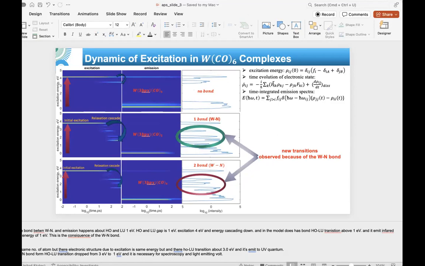So for the excitation and emission, we use this equation.